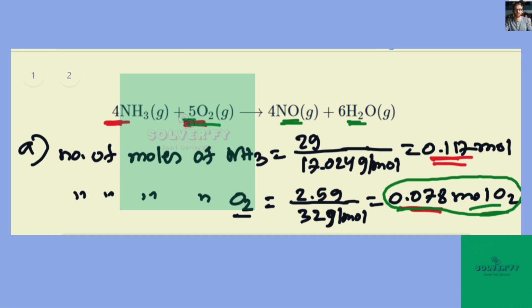From here you can see 5 mole of O2 can produce 4 mole of NO. That means we have to find how many mole of NO will be produced from 0.078 mole of O2.